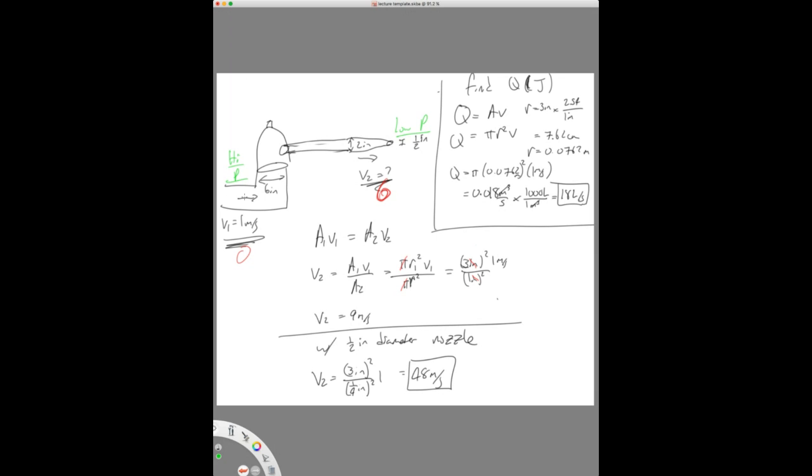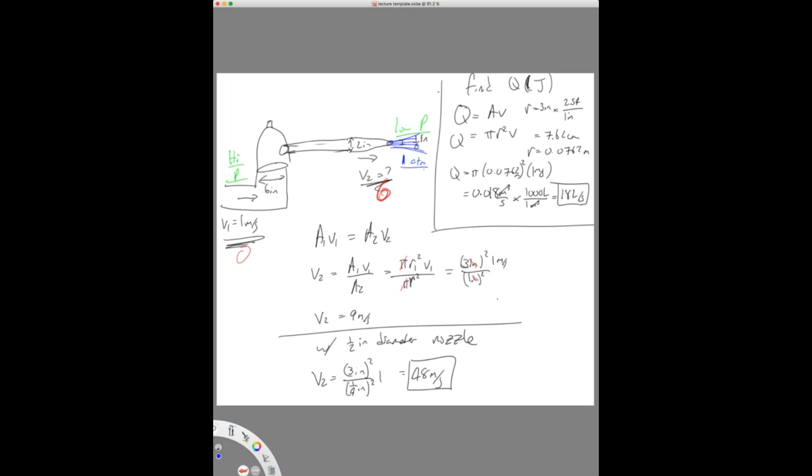So first of all, a couple of things. When the water starts going out into the air, the pressure is 1 atmosphere. That's the pressure at this location. The water's coming out into 1 atmosphere.